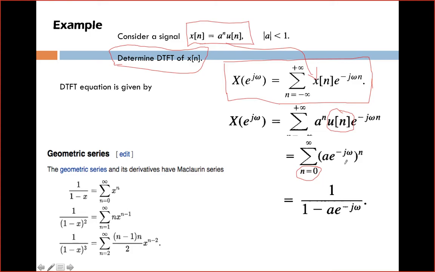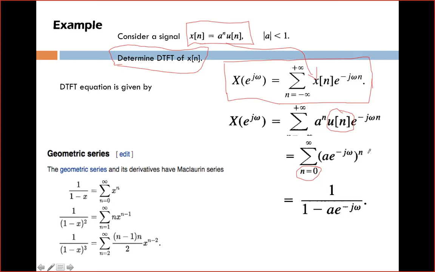So we need to solve this equation because this is an infinite series. It goes up to infinity starting from 0. When you expand this expression and substitute n equals 0, n equals 1, you will get a and e power minus j omega power 0, plus a and e power minus j omega power 1, and it will go up to infinity.